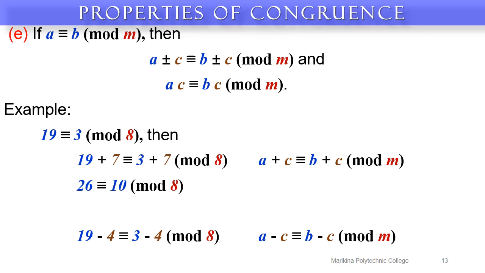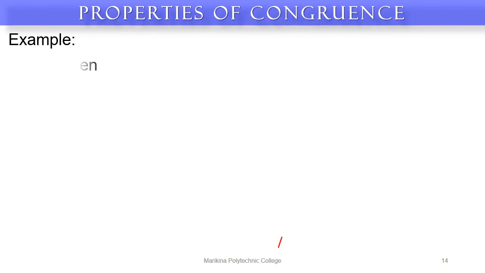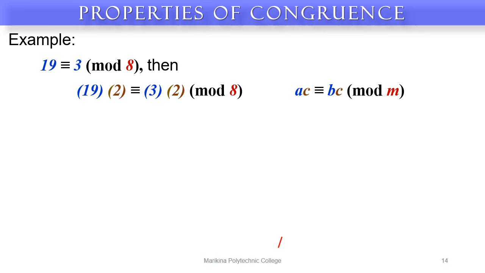Next, 19 minus 4 is congruent to 3 minus 4 modulo 8, or 15 is congruent to negative 1 modulo 8. And last one, 19 is congruent to 3 modulo 8, then 19 times 2 is congruent to 3 times 2 modulo 8, or 38 is congruent to 6 modulo 8.